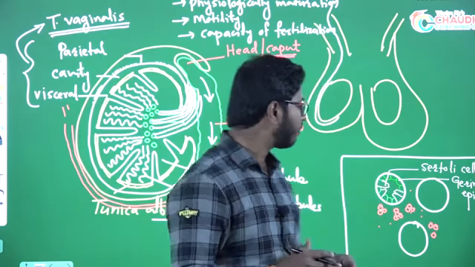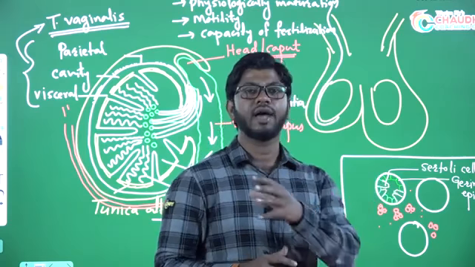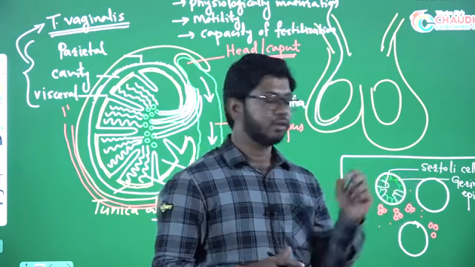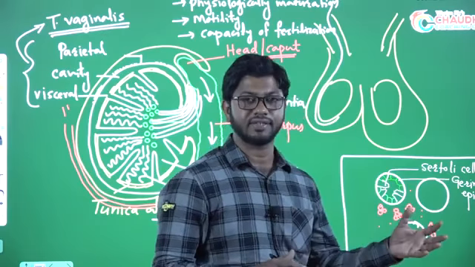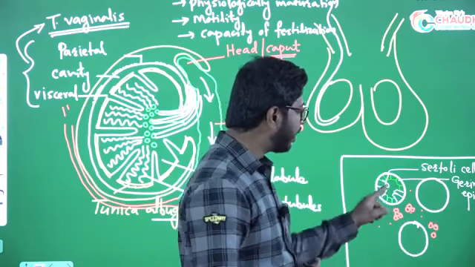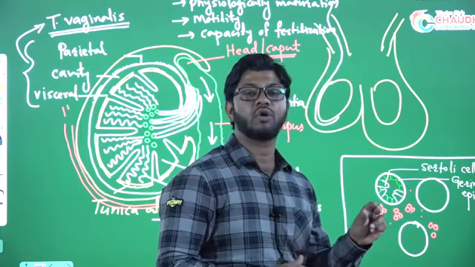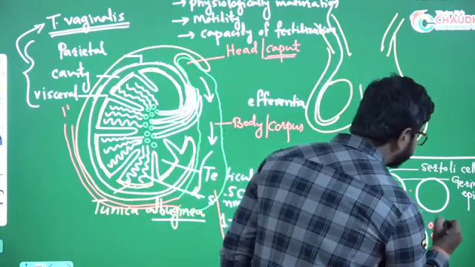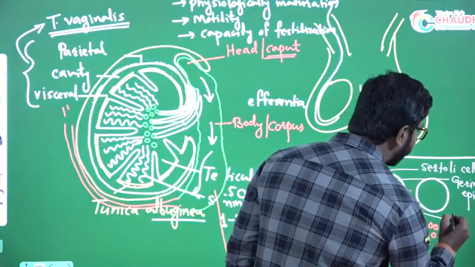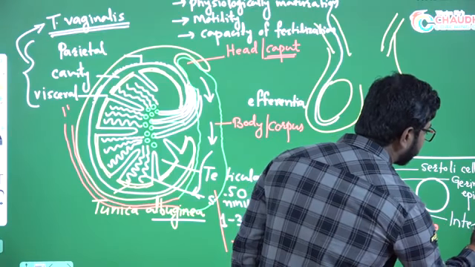Okay, now when all the sperm develop in the seminiferous tubule and move out, then they enter the rete testis. Second thing, in between the seminiferous tubules, some patches of group of cells are present, and these group of cells are known as interstitial cells.